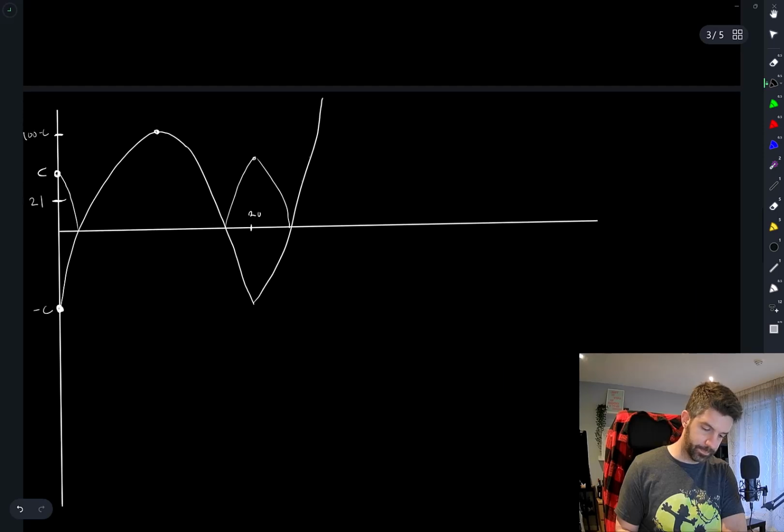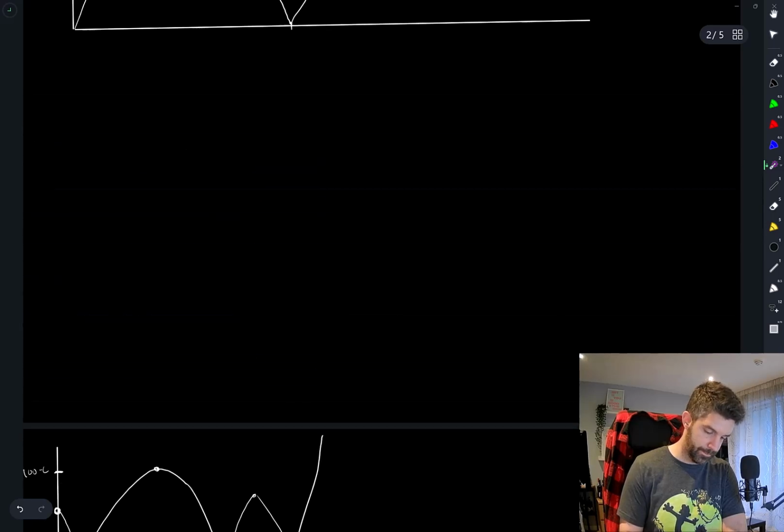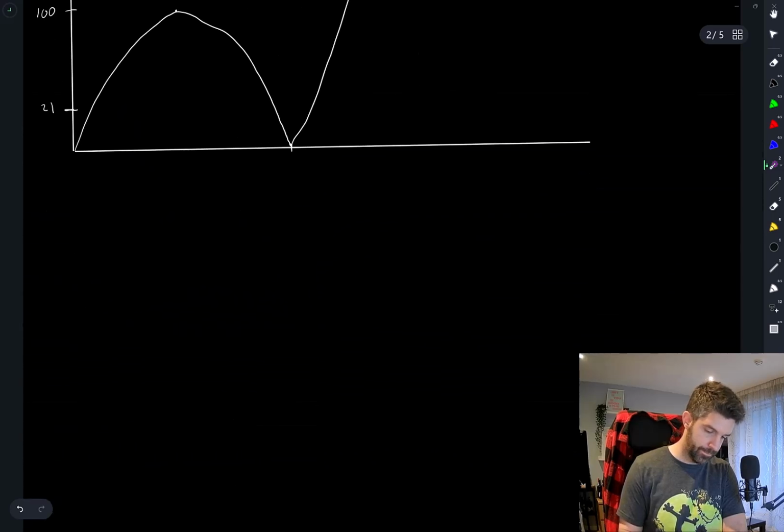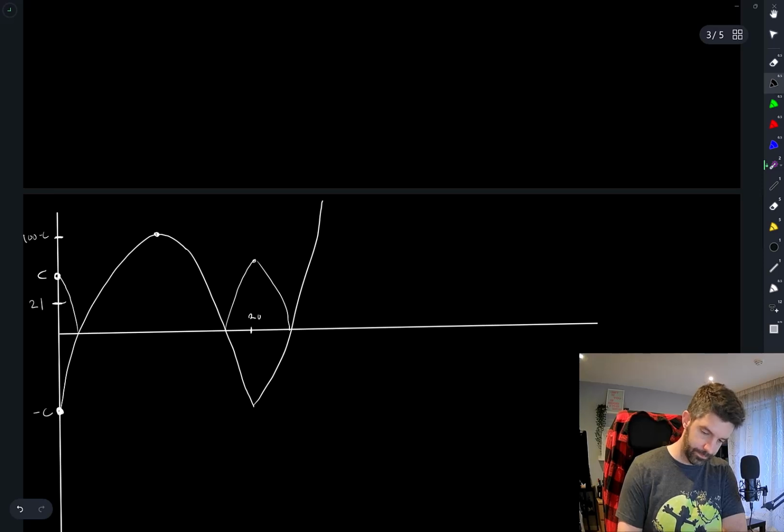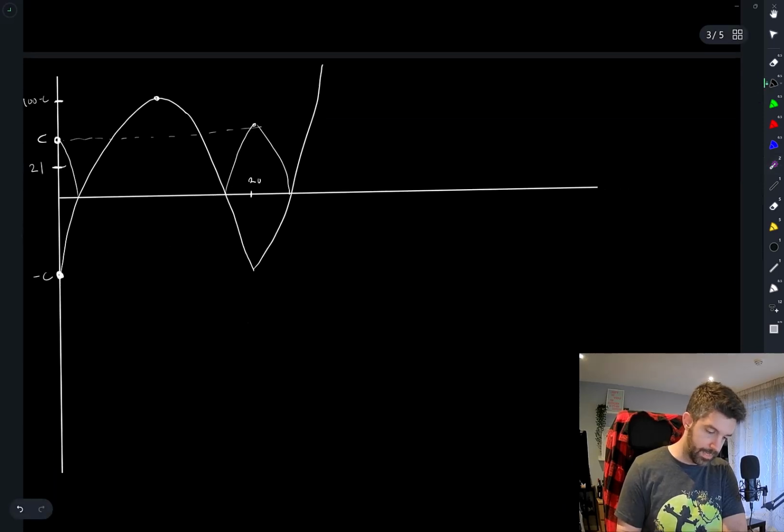So, oh wait, this value is also going to be at c, is it not? Yes. Okay, so I need c to be greater than 21.